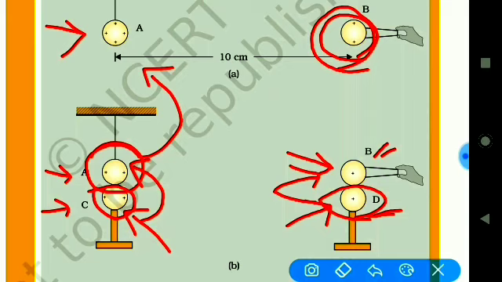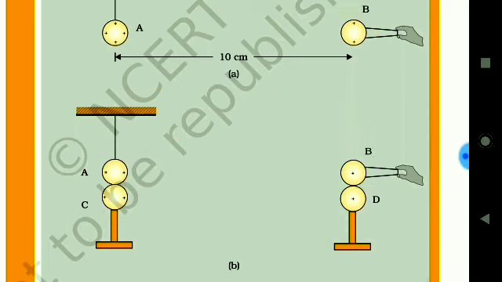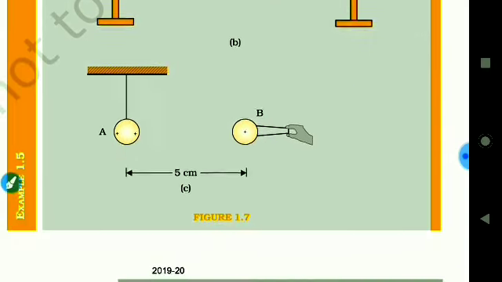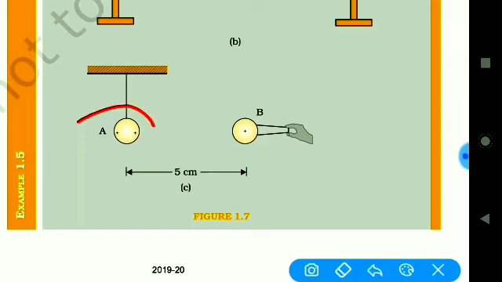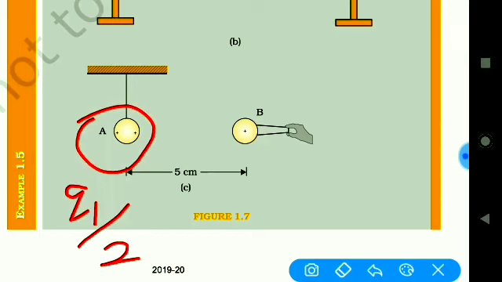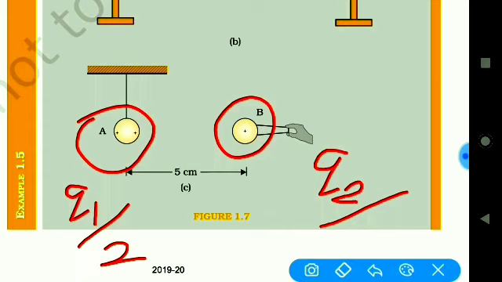So the next process will be like this. Now the charge on A will be half of Q1, that is Q1 by 2, and the charge on B will be half of Q2, that is Q2 by 2, and so again the force will act between them.